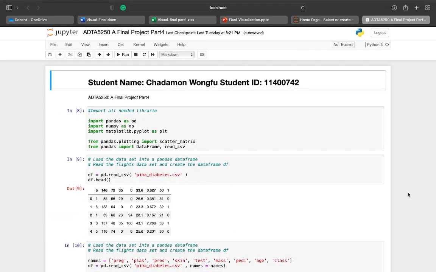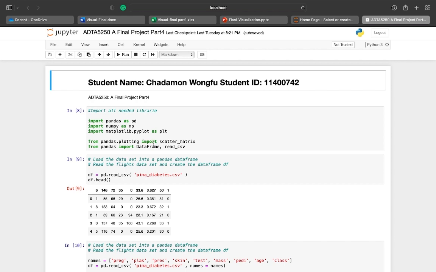All right. We got the dataset from the National Institute of Diabetes and Digestive and Kidney Diseases. So here, we would like to import our needed libraries. We import pandas as pd, we import numpy as np, and we import matplotlib.pyplot as plt.